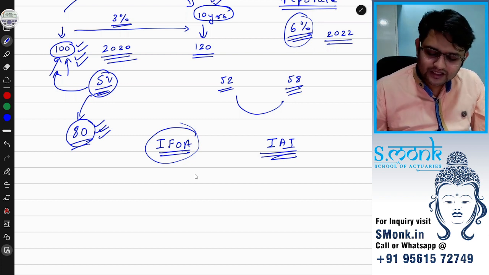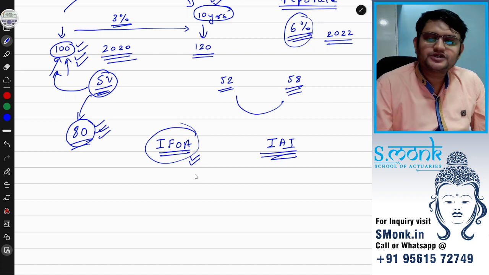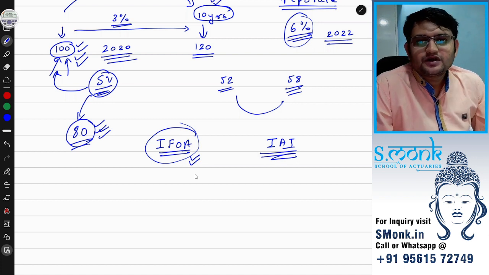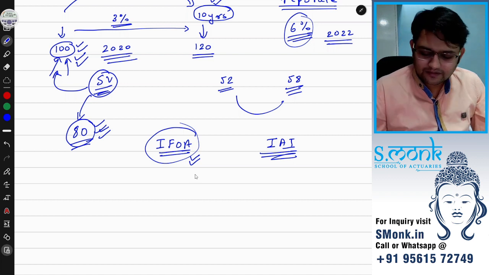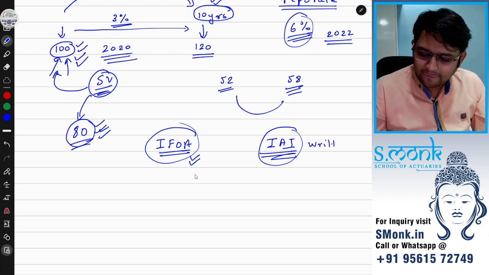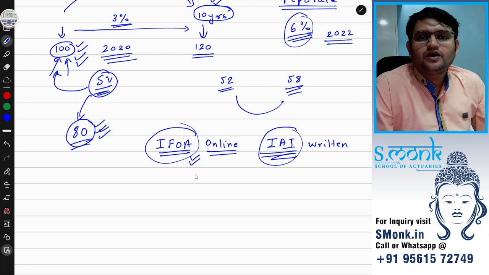Other than that, usually IFOA papers are a little bit simpler, much easier compared to IAI, but then you have an advantage that in IAI you have a written, offline paper, and in IFOA you have online. You have to type your examination in Word.